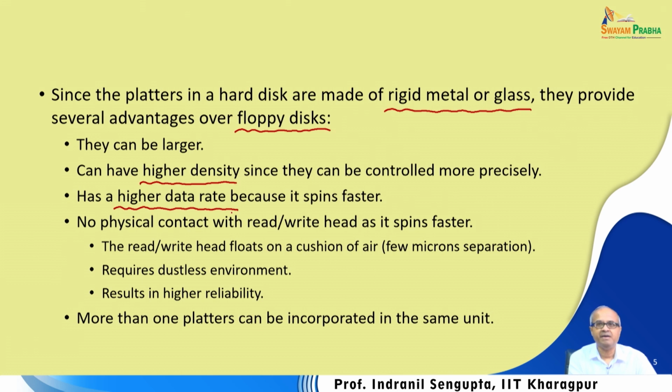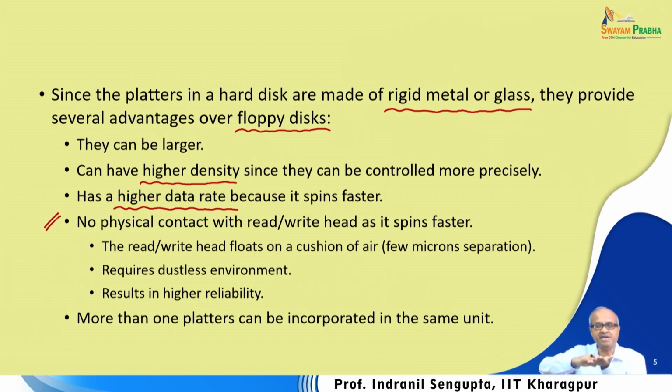Okay. But there is an interesting thing here. In case of a hard disk, as I said, there is a read write head which is sitting on top of the surface of the disk, but as the disk is rotating at a very high speed, several thousands revolutions per minute, it carries a thin layer of air with it.